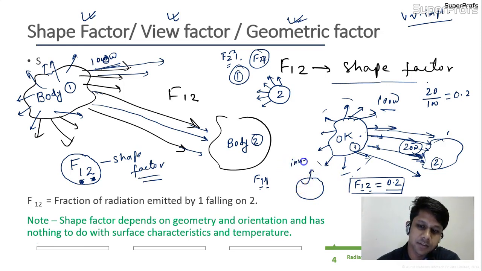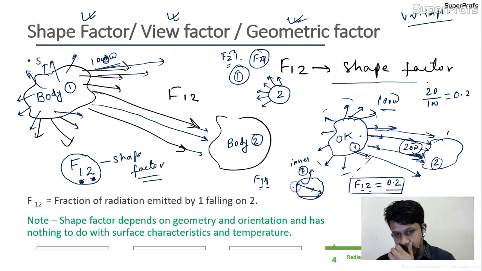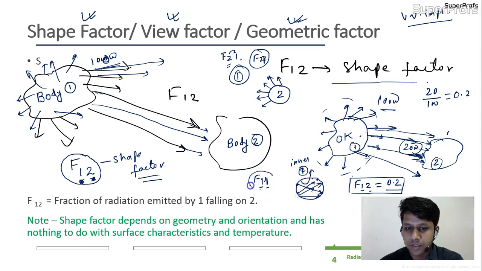If surface number 1, the inner surface, is radiating, you can see these rays are striking the body itself. So the radiations are leaving from 1 and falling also on 1. This is known as F11. In the next slides it will become more clear.